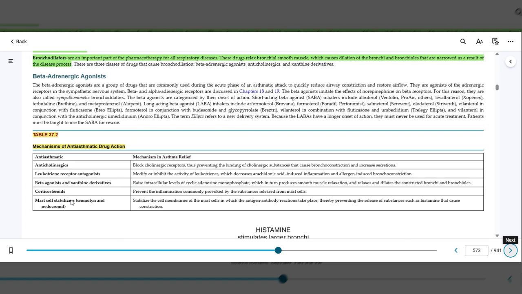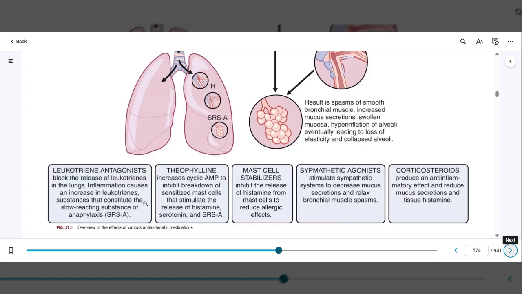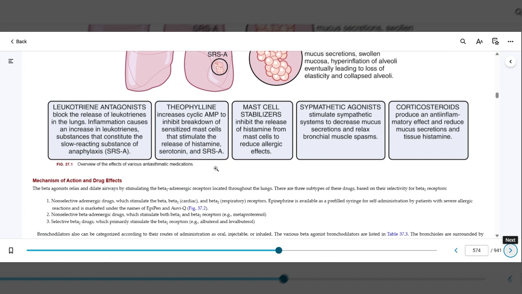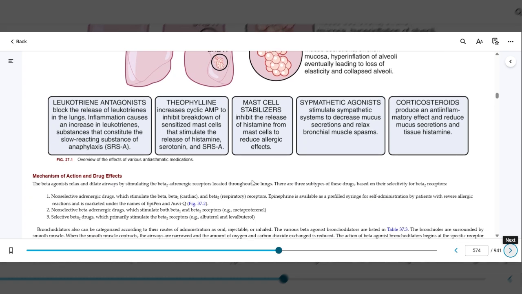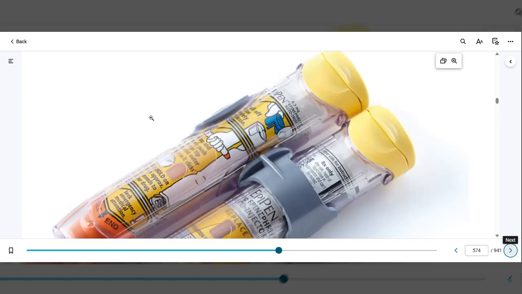Here are some of our mechanisms that we'll use for those bronchial dilators. It's good if you're a visual learner. You can see what's going on when we have a patient that has asthma or an allergic response, I guess I should say. And then it talks a little bit about the different actions on how they're dilating that bronchial tree.